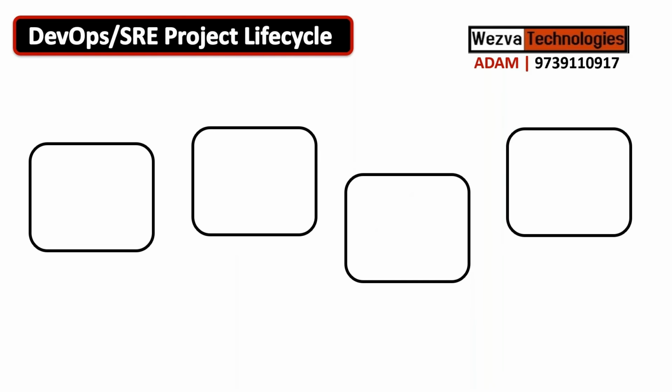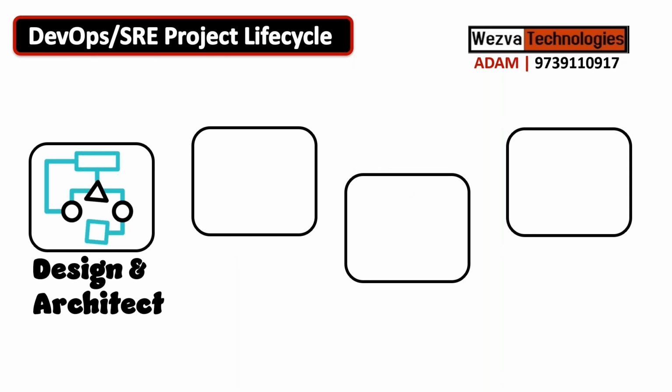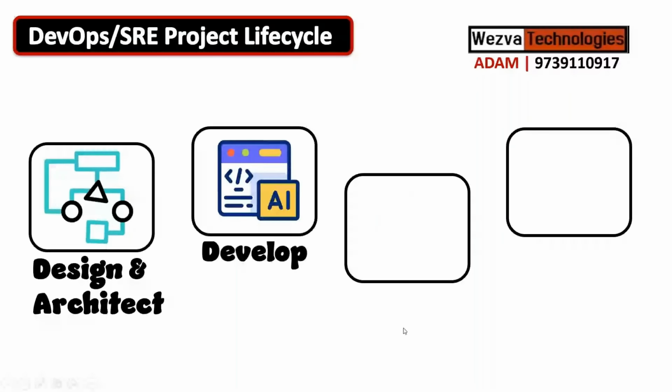But whenever we say a project, it also has a life cycle in which you need to talk right from the beginning: how did you design the solution, which is, as I said, cloud native, as well as has high availability and disaster recovery, and what are the other best practices needed for automation, and then you develop it.